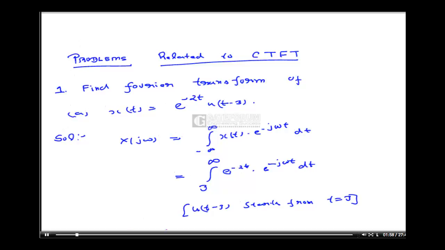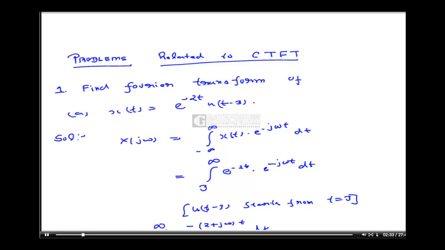This is equal to the integral from 3 to infinity of e to the power minus (2 plus j omega)t dt. On solving this, we get e to the power minus (2 plus j omega)t upon minus (2 plus j omega), from 3 to infinity.